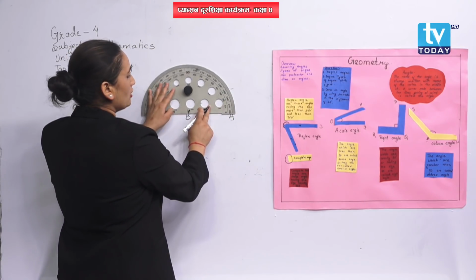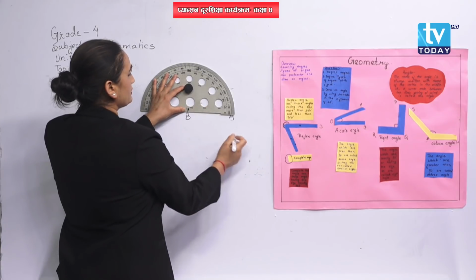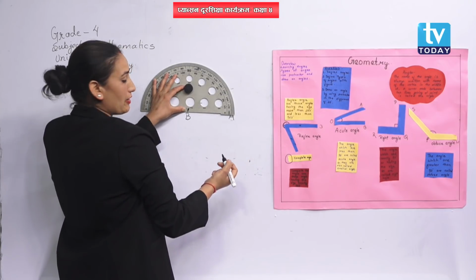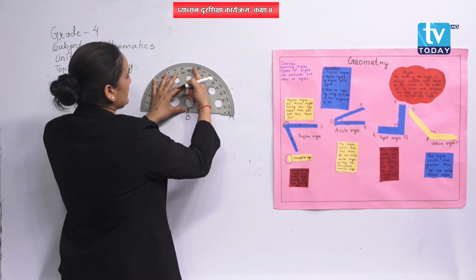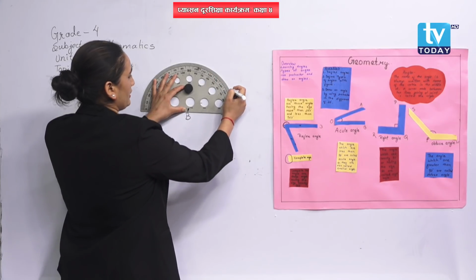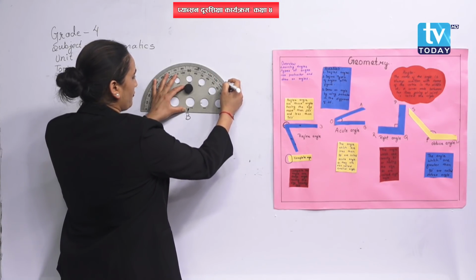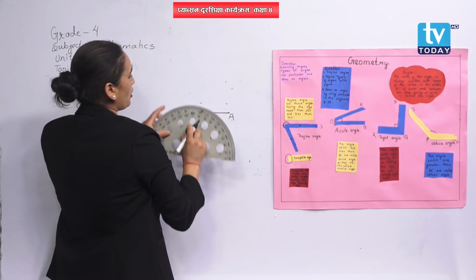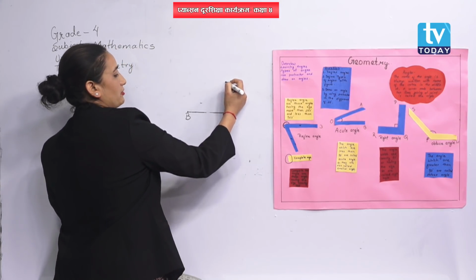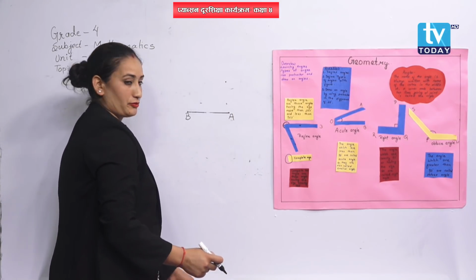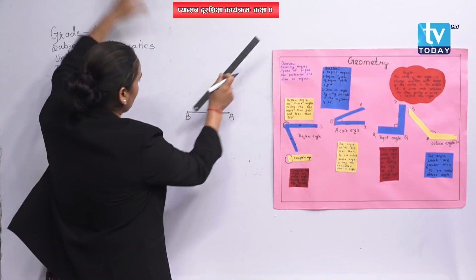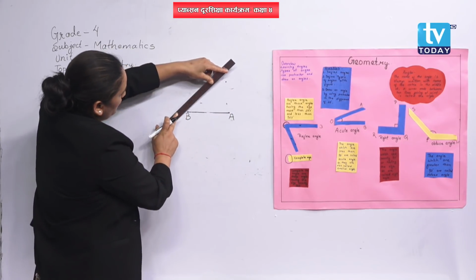I need to draw a 30-degree angle, an acute angle. An acute angle is less than 90 degrees. Any one I can draw, okay? So I'm going to do 40 degrees. I have plotted a point at 40. Now draw it with the scale, put the scale and join the point this way.